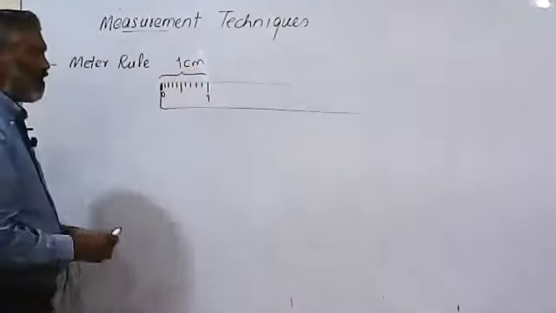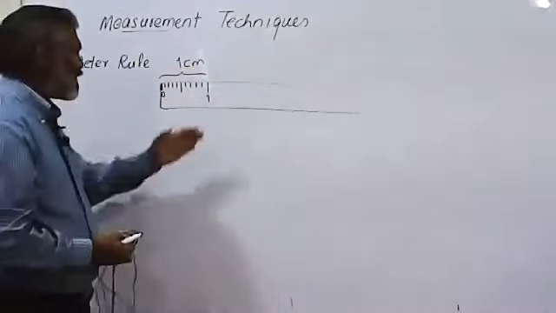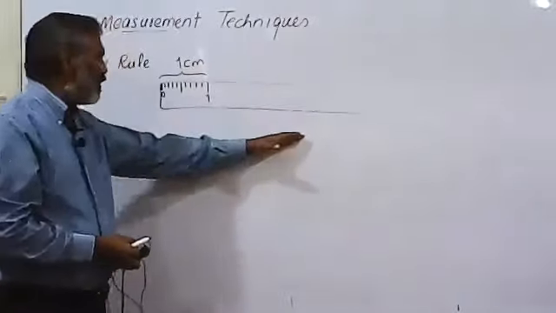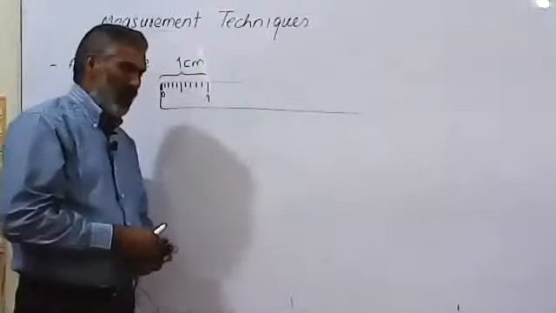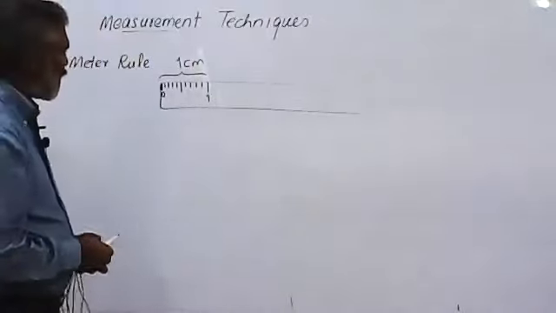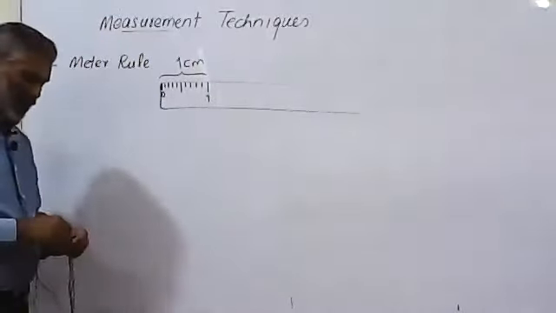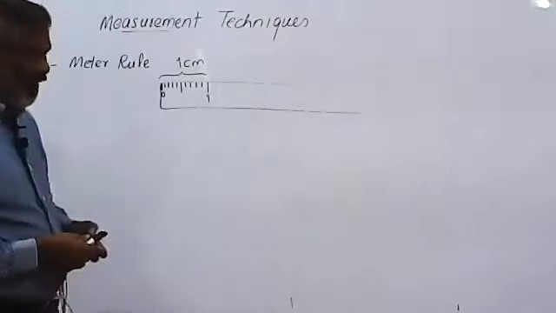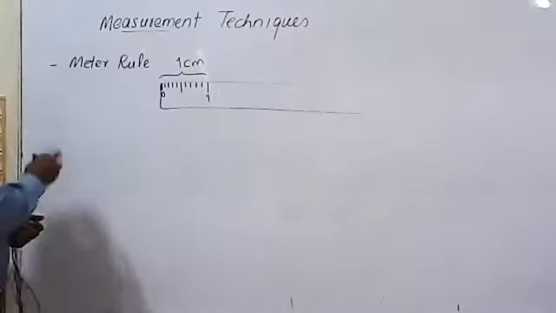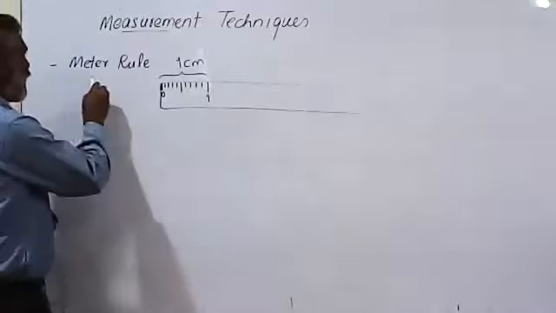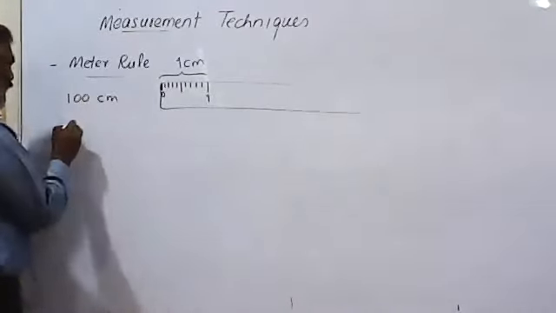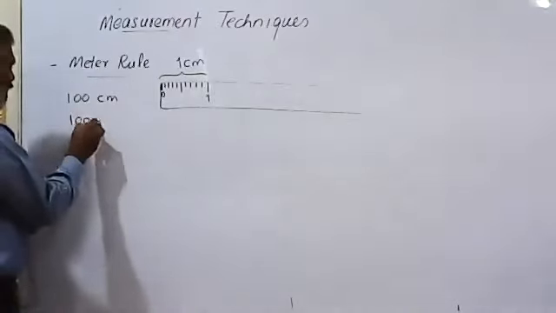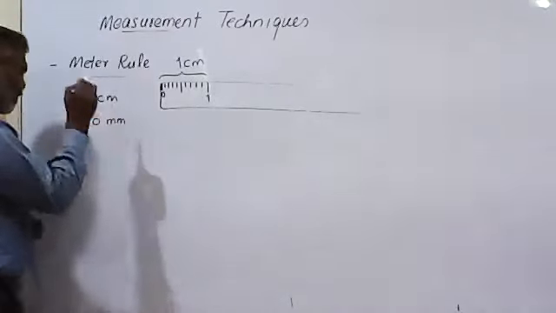That means we have 100 such centimeters on a meter rule, and therefore each centimeter with 10 millimeters in it, we have exactly 1000 millimeters on a meter rule. So a meter rule has exactly 100 centimeters on it, and therefore 1000 millimeters on it.